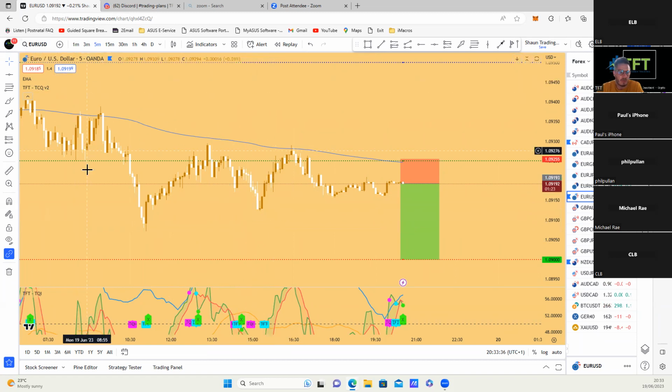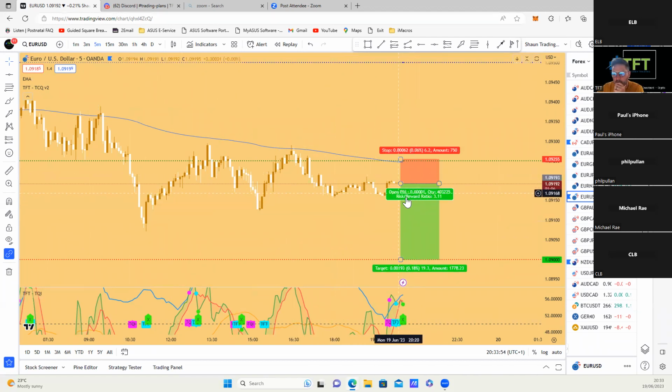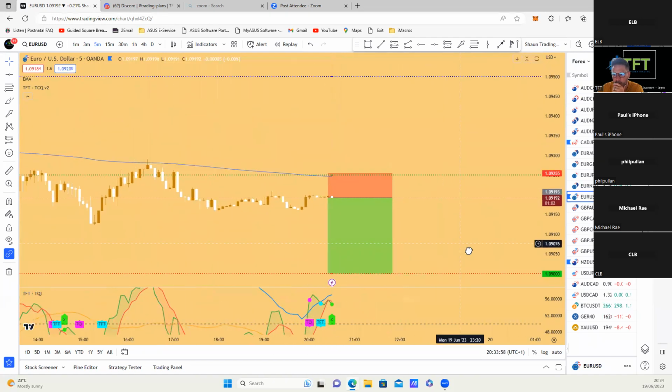Euro USD moves nicely from about 6-7 o'clock in the morning all the way through the day. CAD JPY is best through the night. But even Euro USD will probably go about 8 pips roughly, depending on your broker, which is still pretty tight. But what I'll do is, you guys have seen that, I'll leave that on.